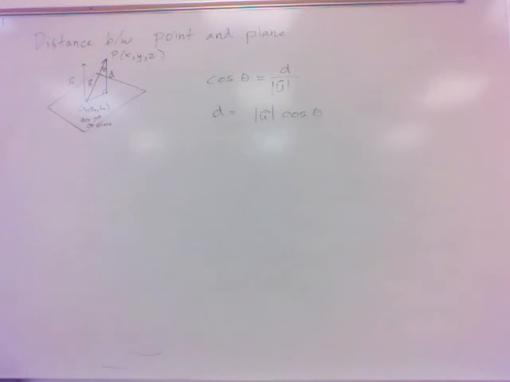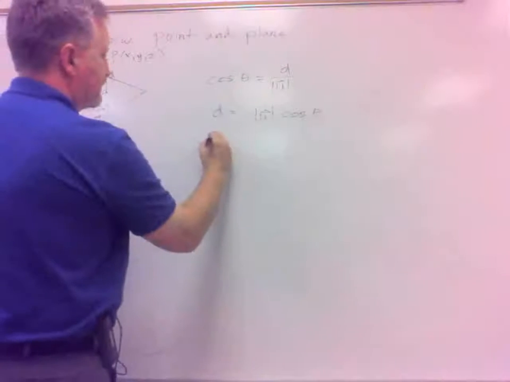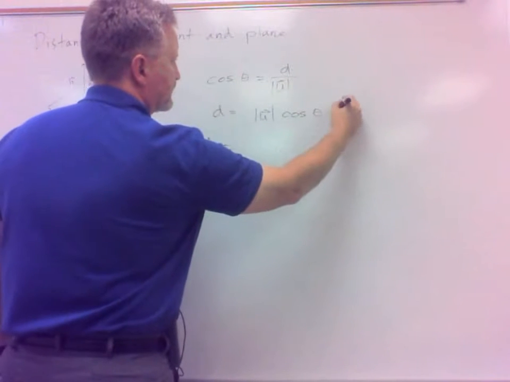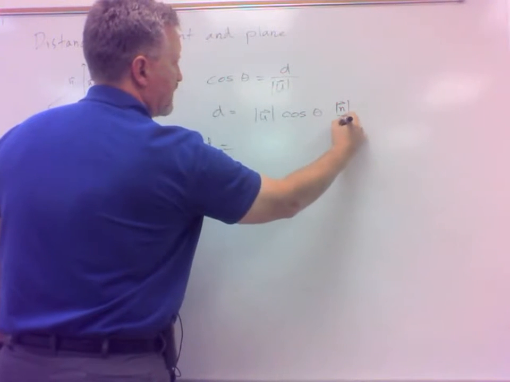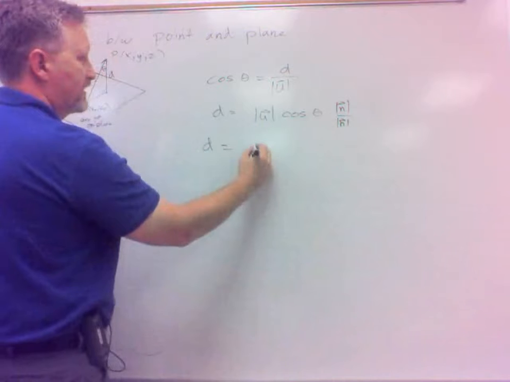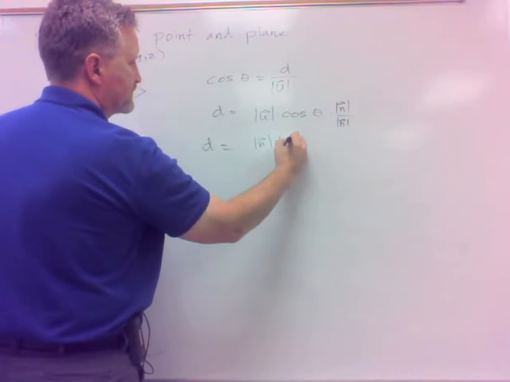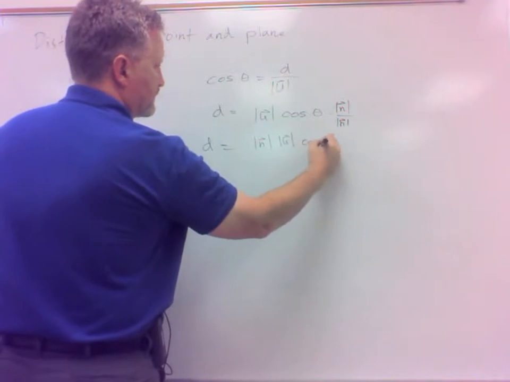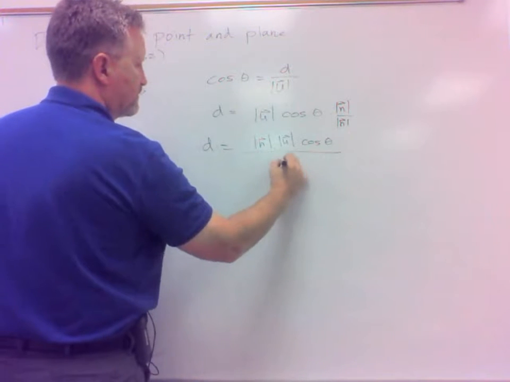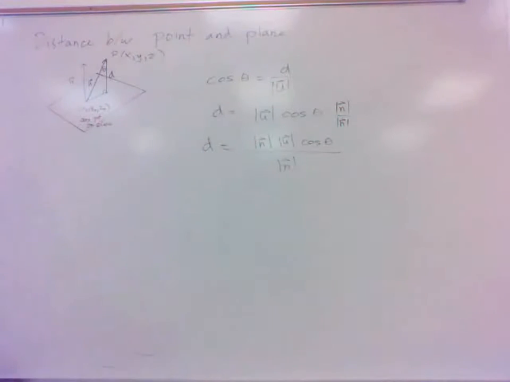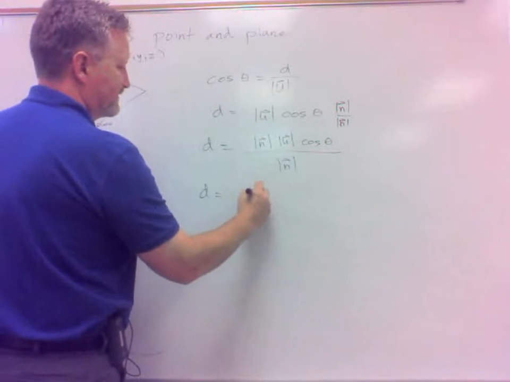And so if I multiply here by the normal vector magnitude, I get the normal vector magnitude times the u vector times the cosine of theta divided by the magnitude of the normal vector. That's our dot product.